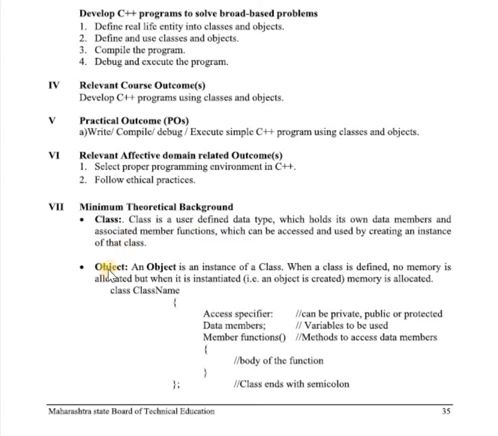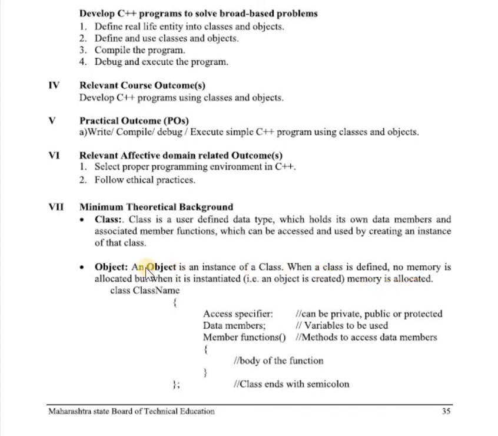Then the next term is the object. An object is an instance of the class. The object definition tells that an object is nothing but an instance of a class. When a class is defined, no memory is allocated, but when it is instantiated, that means whenever we are creating an object, at that time memory is allocated.